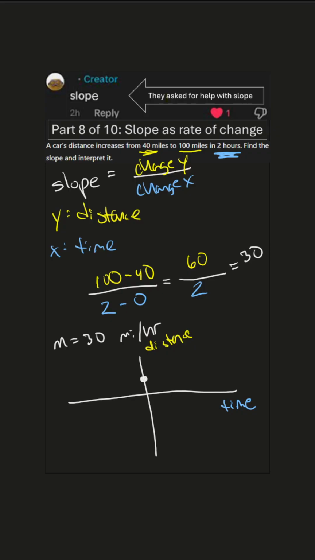So we'll call that (0, 40). And then at 2 hours, it is at 100 miles. So let's connect that line right there. That line segment shows the car traveling in terms of miles per hour. And the slope there is 30.